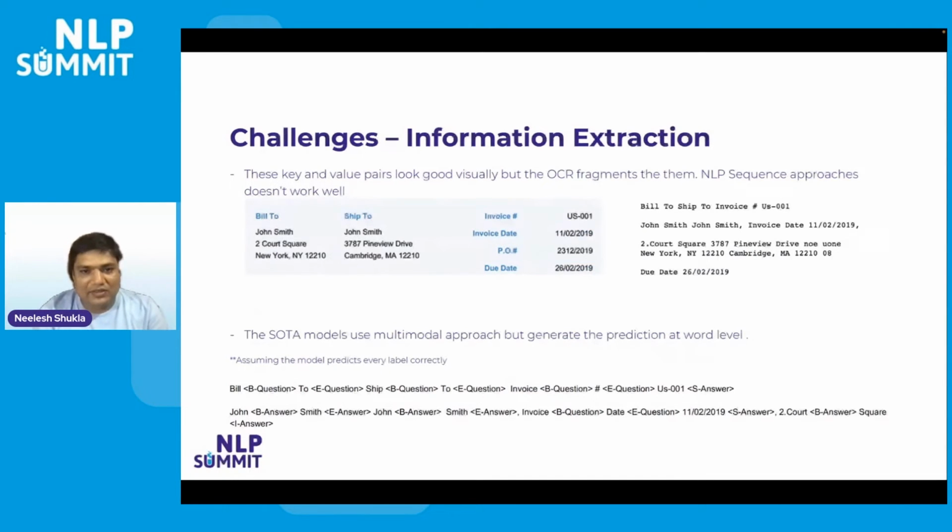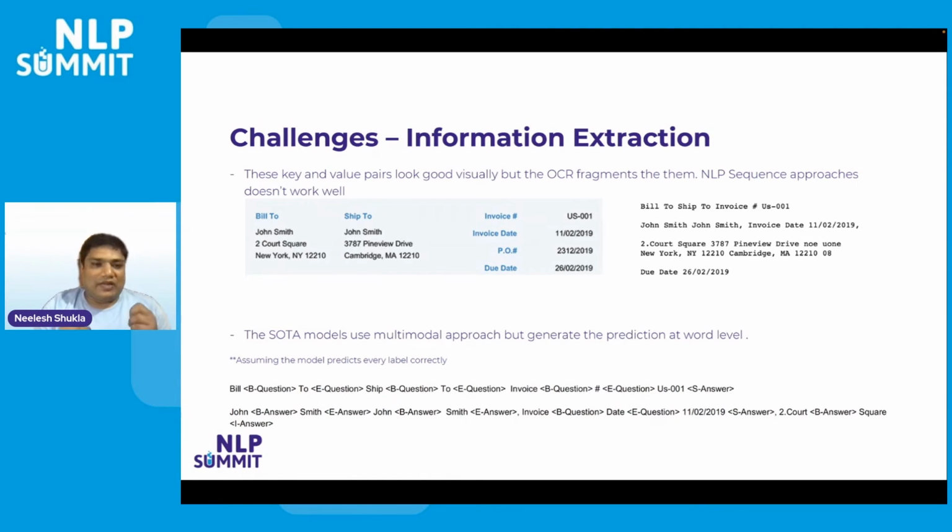But eventually all the state-of-the-art models go word by word and try to predict each word, like Bill To and so on. So if you see this OCR extract, the sequence is broken and the entity is broken. For example, Bill To is the address, John Smith and Two Court Square. But on the right side, this OCR has broken that sequence.